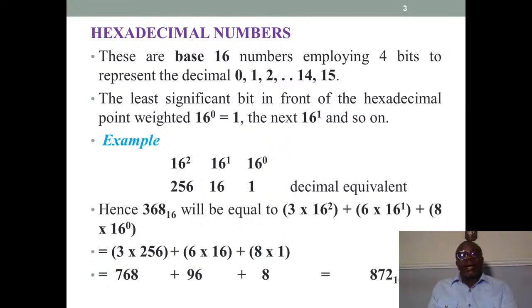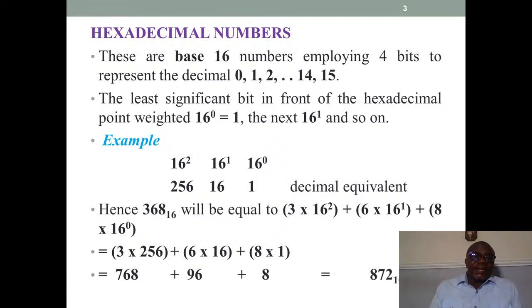So if you look at that example, you will see that to your right, which is 16 raised to power 0, is weighted 1 in decimal. The next, 16 raised to power 1, is weighted 16 in decimal. And the next one, 16 raised to power 2, is weighted 16 times 16, which is 256 in decimal.